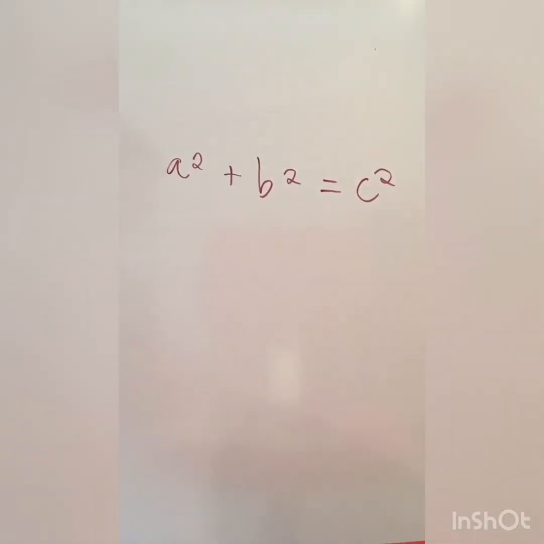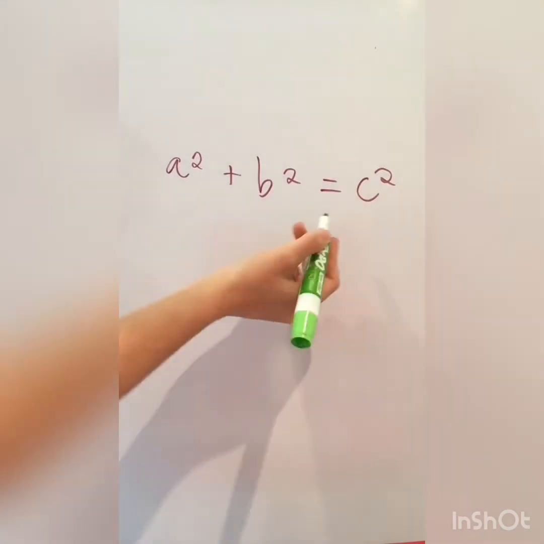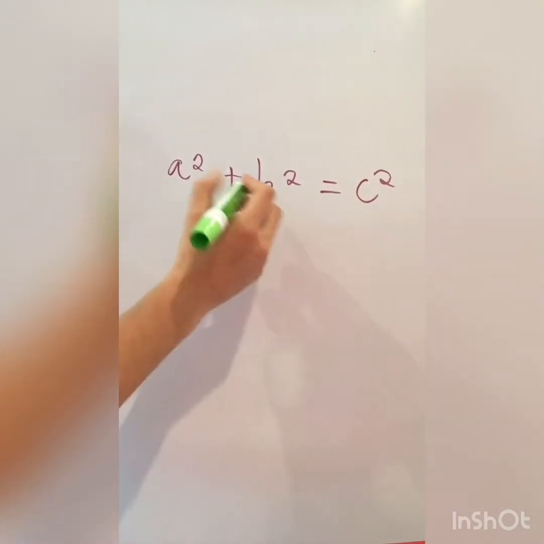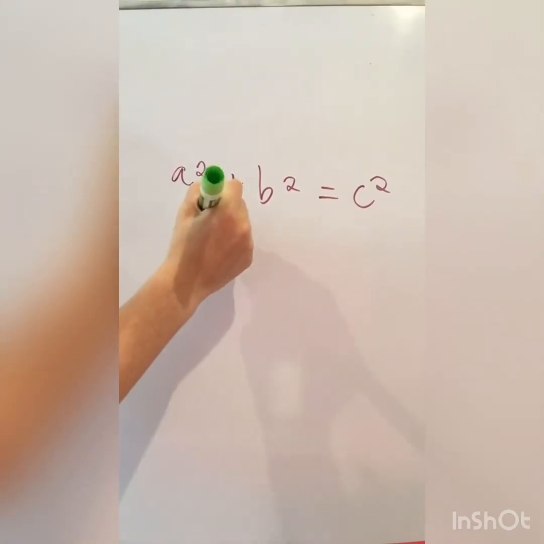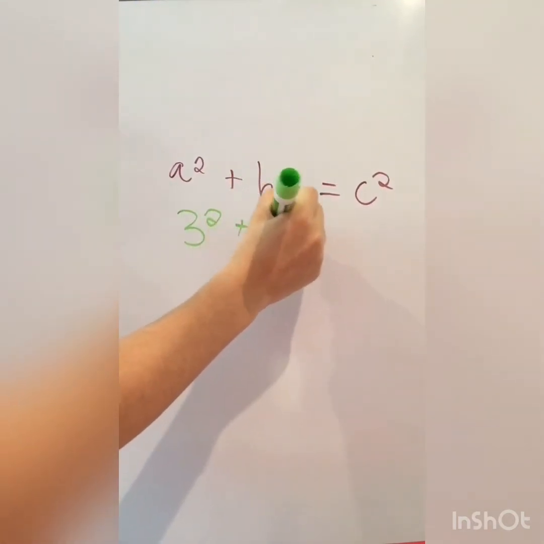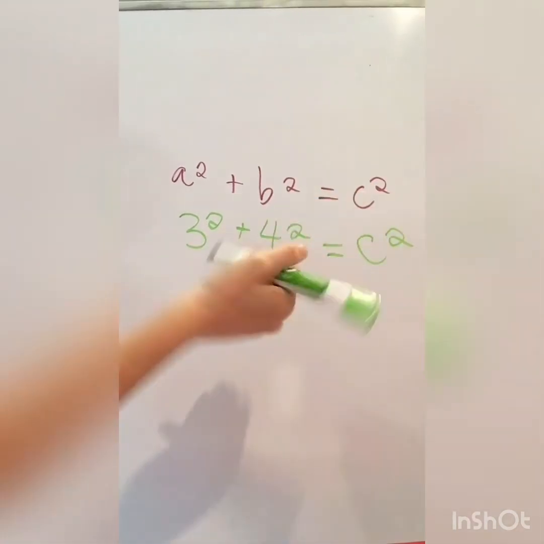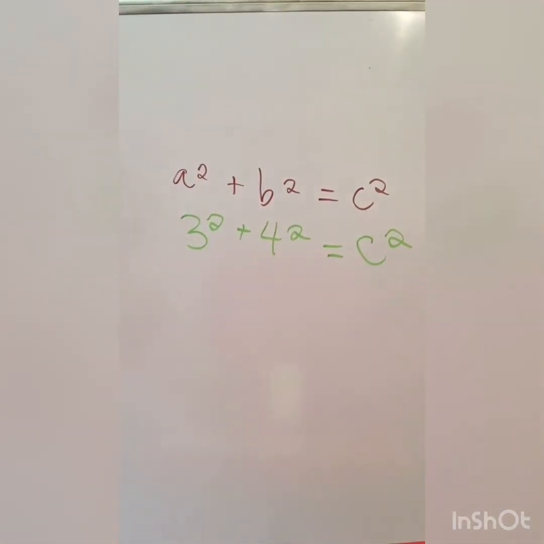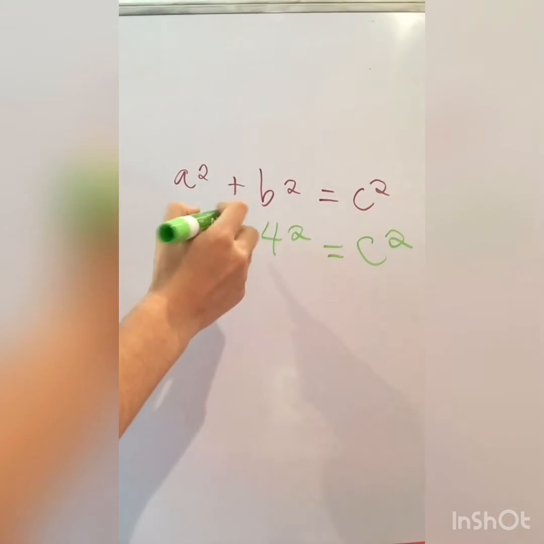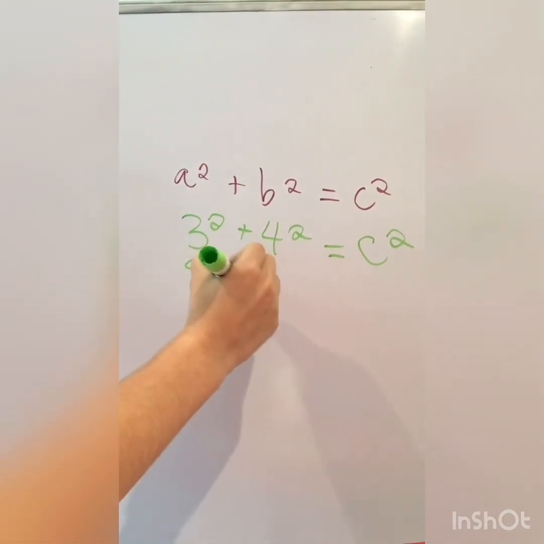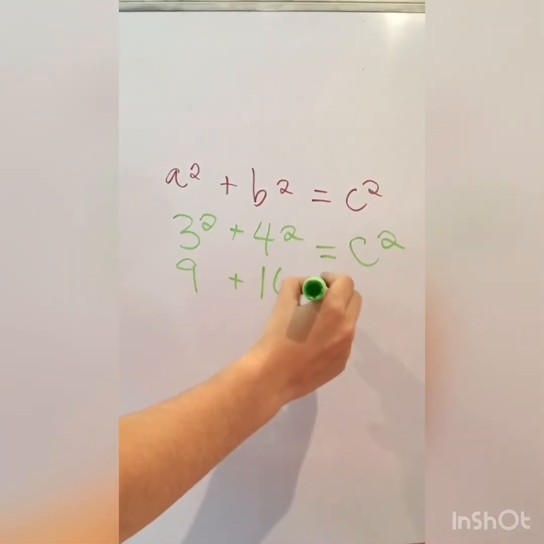So using the Pythagorean theorem, we're now going to substitute for each of the line segments. So we would do 3 squared plus 4 squared equals c squared, because we don't yet know what c squared is. So 3 times 3 is 9, 4 times 4 is 16.